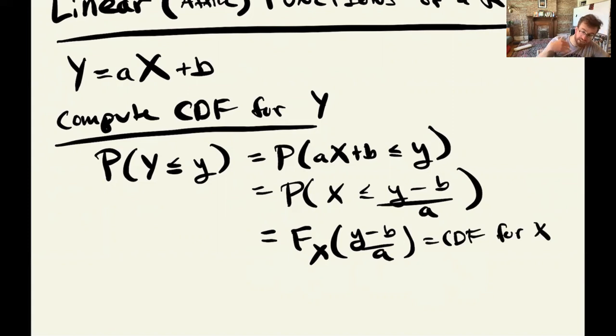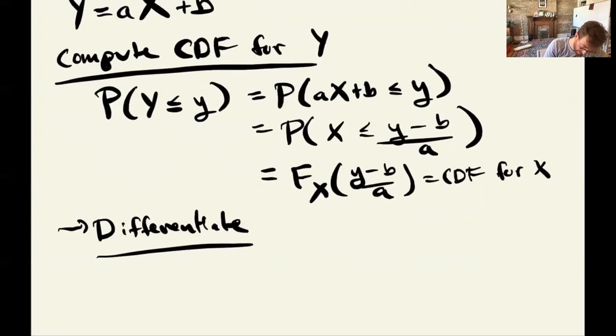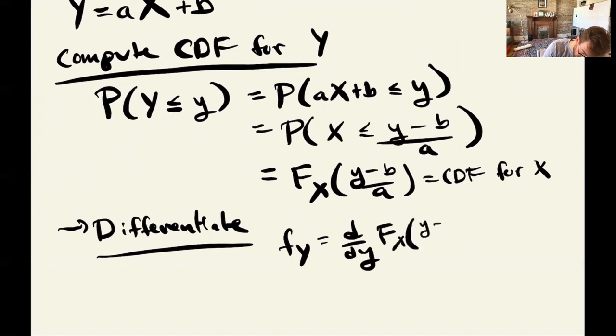So in particular, if I want to determine the PDF for y, now I need to differentiate. Well, now I can just say that little f of y is going to be d dy of capital F of x evaluated at y minus b over a.